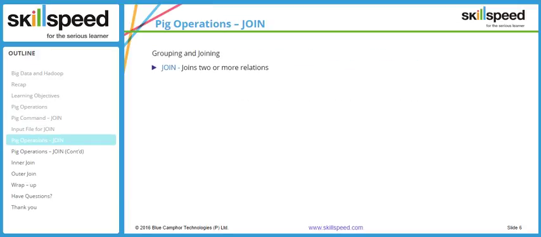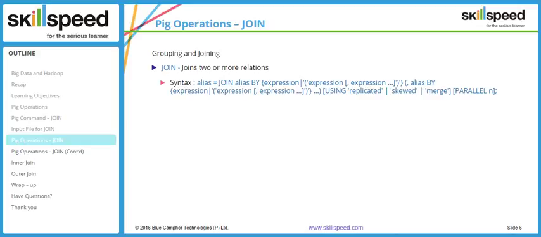Here we can have a look at the join syntax. The join syntax is used in such a way: you type alias equals JOIN alias BY, followed by the expressions that will result in what you are looking for.